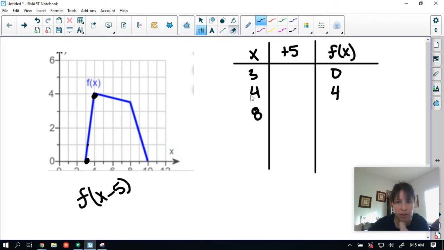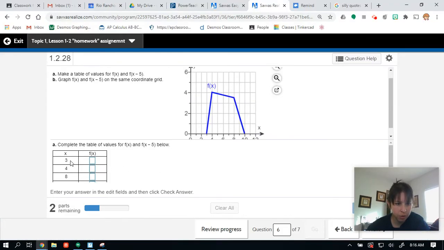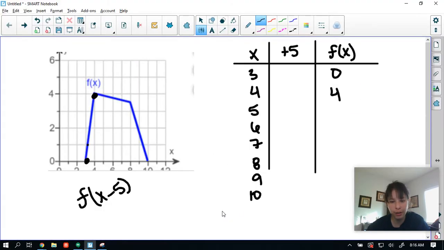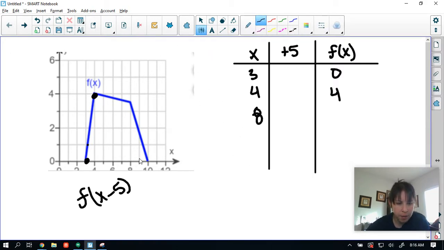So I'm just going to keep counting up. 3, 4, 5, 6, 7, 8, 9, 10. Actually, they did help us with a chart in the problem: 3, 4, and 8. So they did choose 3, 4, and 8. I went a little bit beyond. Then if I'm looking at 8, we're right here. This is 3, so it looks like 3.5.